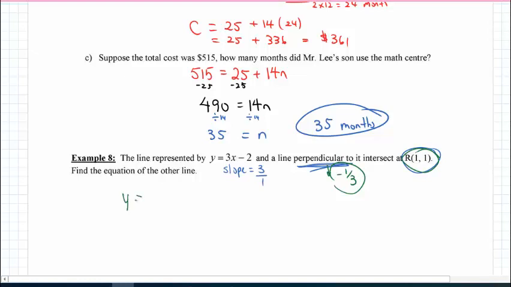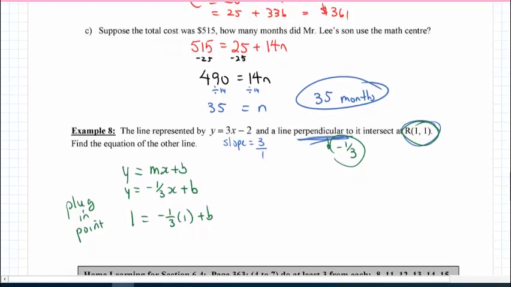Well, I think we have all we need now. y equals mx plus b, right? m stands for the slope. b stands for the y-intercept. We don't have the y-intercept, but we do have a point that goes through this line, so plug in the point. I have a feeling that fractions are here again.